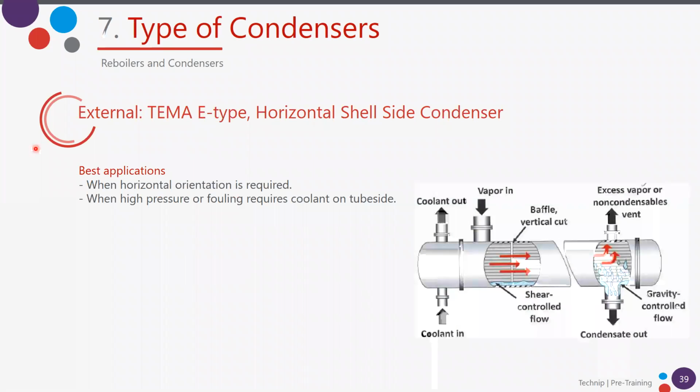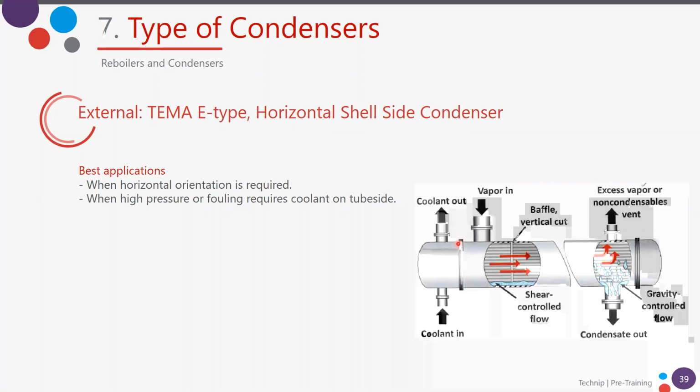Most large condensers in the process industry are oriented horizontally in order to minimize the cost of support structures and also to facilitate maintenance operations, because with horizontal exchangers it is easy to pull out the tube bundle for cleaning.